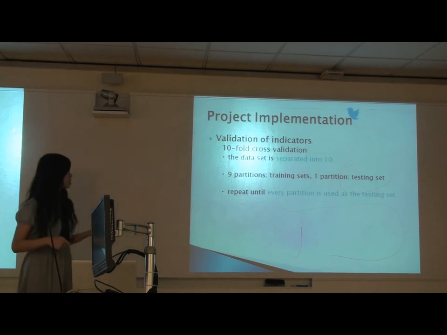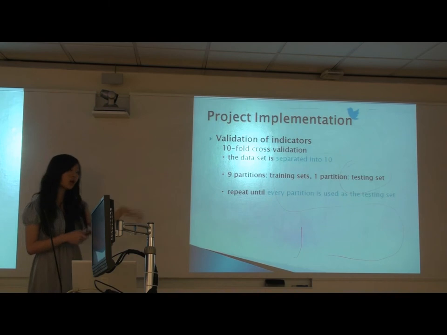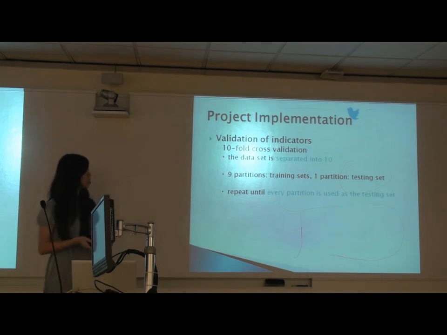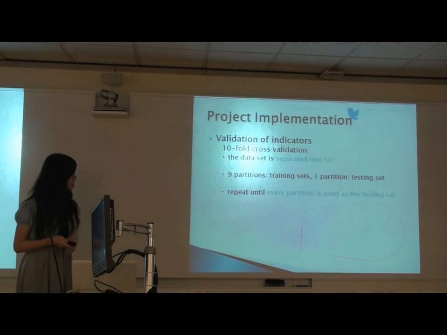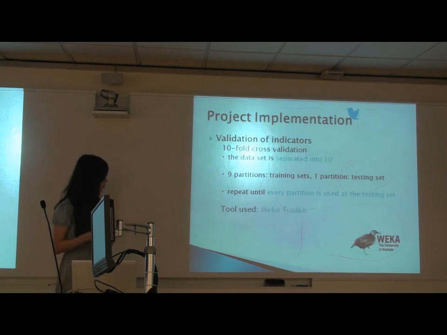The data set is separated into 10 partitions of the same size. 9 partitions will be used as training sets, and 1 partition will be used for the testing set. This whole process will repeat 10 times until every partition is used as the testing set, and the results will be combined to give out the final result.